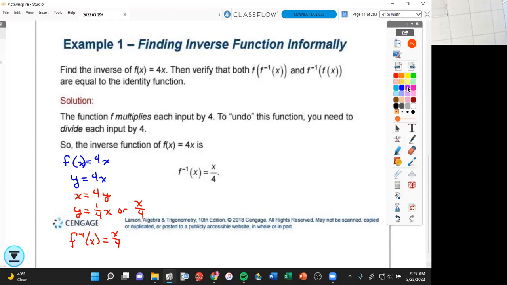Okay, so to verify this is true, I want to know, is f of f inverse of x going to be x? Well, let's figure it out. I'm taking the f function. My f function is 4x. So here's my 4, but in place of x, I'm going to put f inverse, which is x over 4.